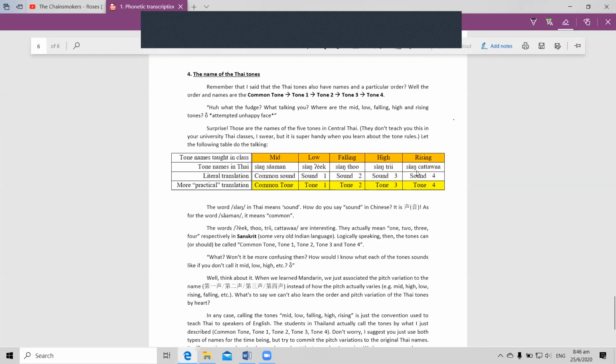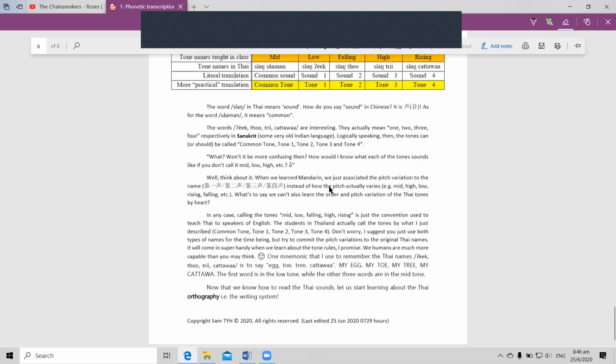So the 5 lexical tones in Thai, apart from saying they are the mid, low, falling, high, rising, we can also say that they are the common tone, tone 1, tone 2, tone 3, tone 4. Because that's literally what the names mean.